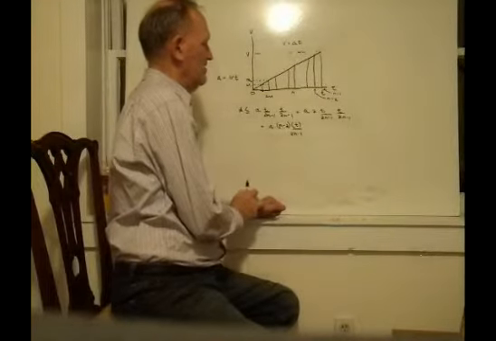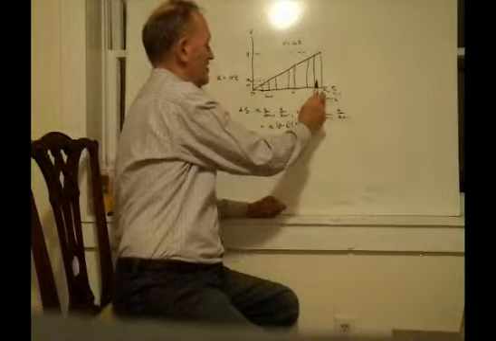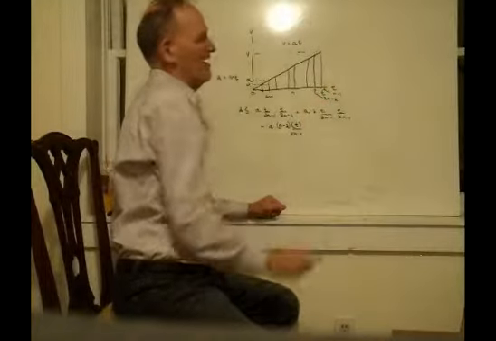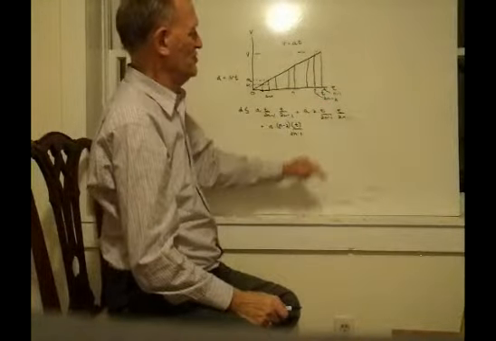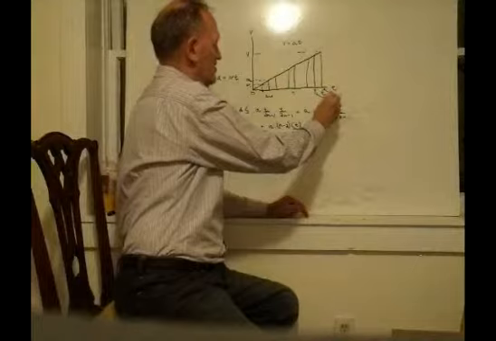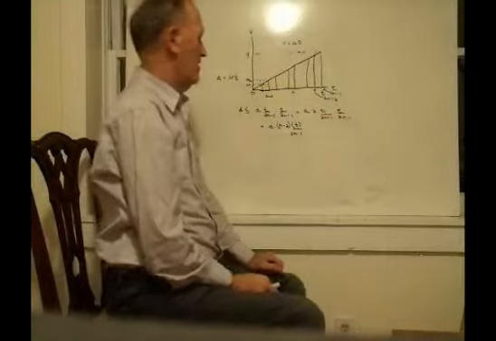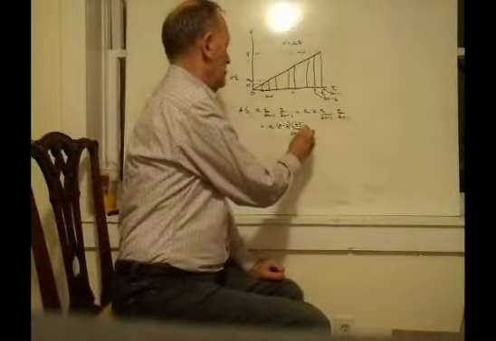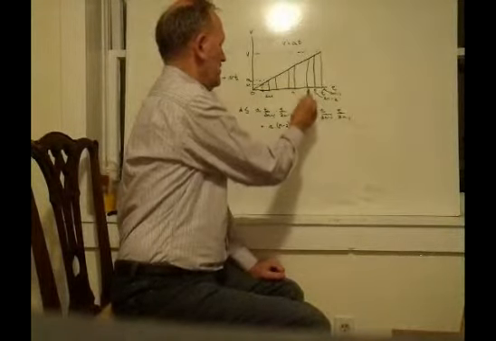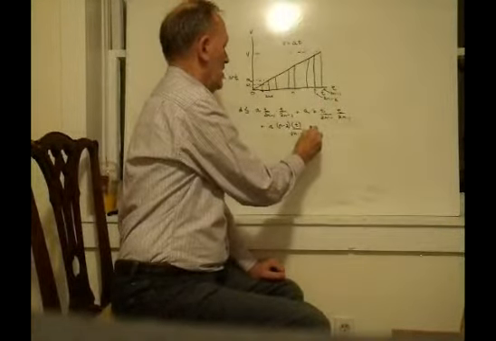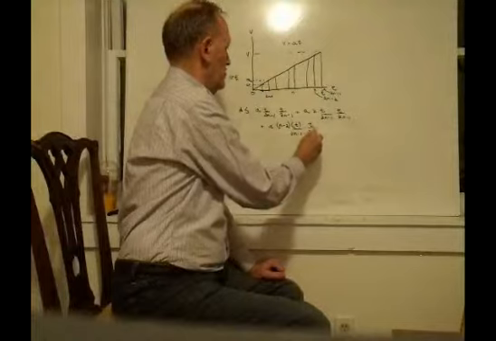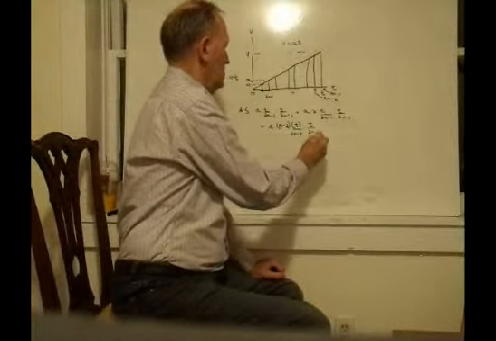Oops, I'm making another mistake. It's not n minus 2. It's 2n minus 2, one less than the last one, which is 2n minus 1. Sorry about that. Times the interval itself here, which is going to be t over 2n minus 1.